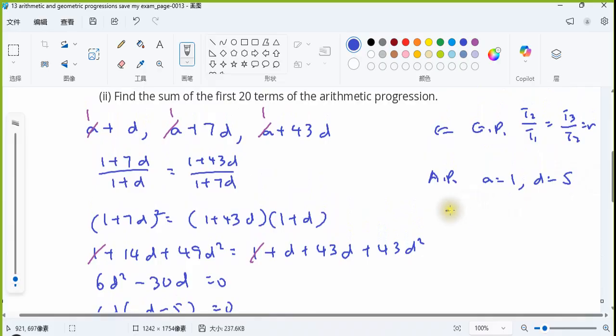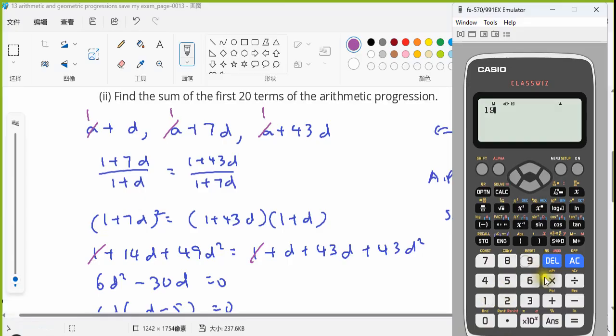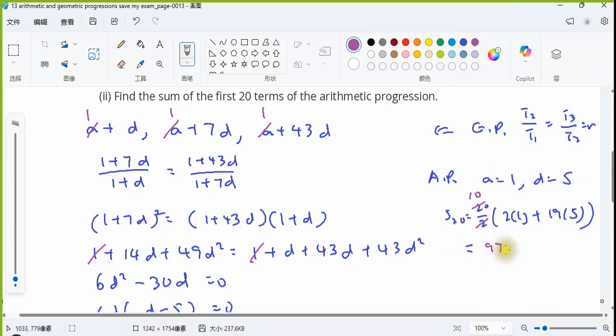So S20 will be 20 over 2 times (2A plus 19D). Okay, so this is 10 times, 19 times 5 plus 2, 97. So 970. Okay, 970. Okay.